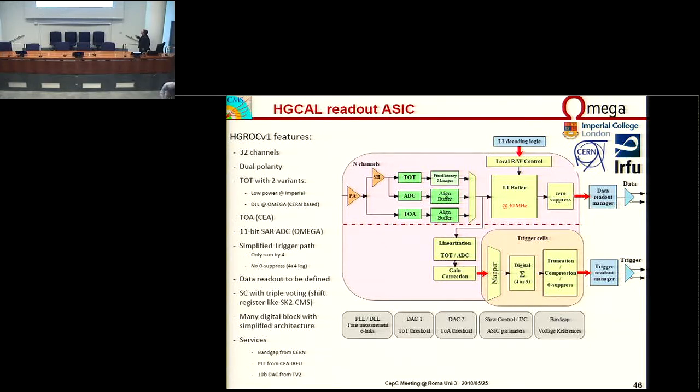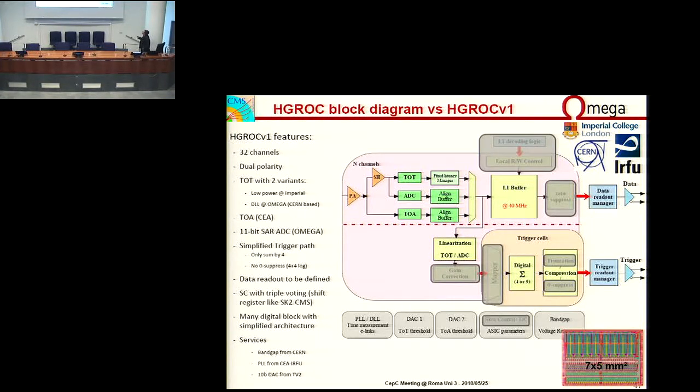We need to provide also trigger information. Trigger information is given by merging 4 or 9 cells together in order to measure the total energy deposited in these channels. So this chip was done in collaboration with CERN, CEA, and Imperial College. And up to now, in the version that we have in hand, only the parts which are not grayed were embedded inside.